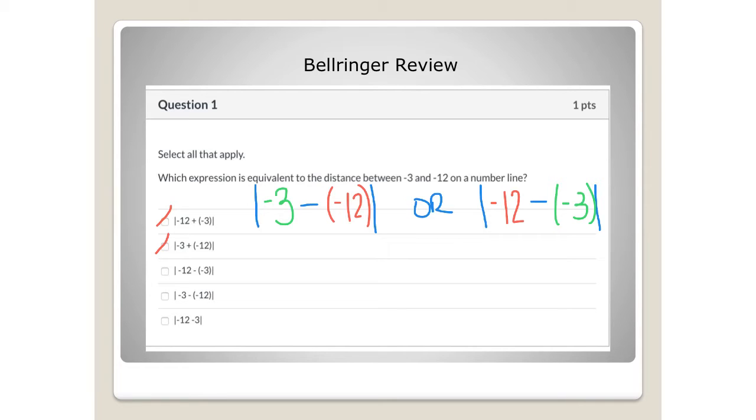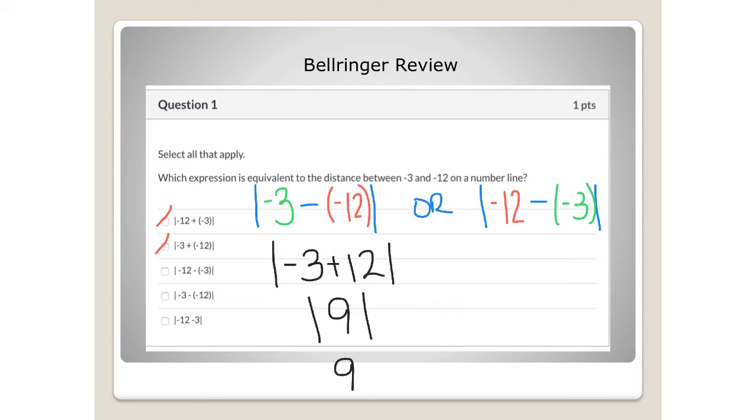As we work this problem, on the first one, we have -3 minus -12. We leave change, or add the opposite, and we find out that we're doing -3 plus 12, which is 9. The absolute value of 9 is 9.